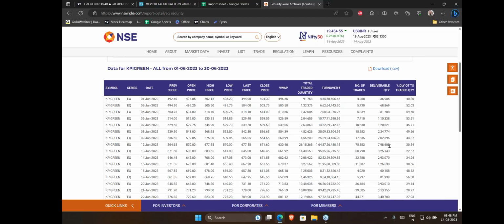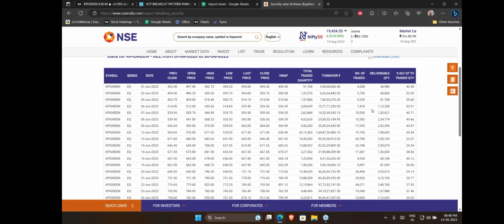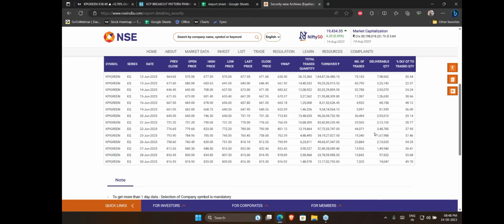Then we have 12 June 798, 325, 293 and 126. Then we have 393, 313, 340, 167, 213, 149. Adding these up, almost 34 to 35 lakh shares got delivered in June itself.